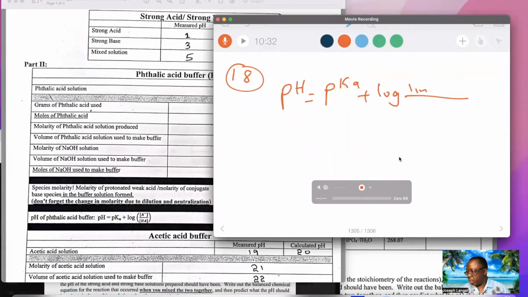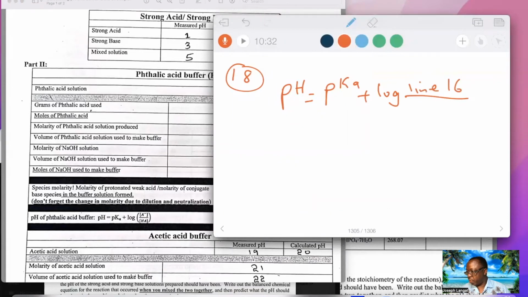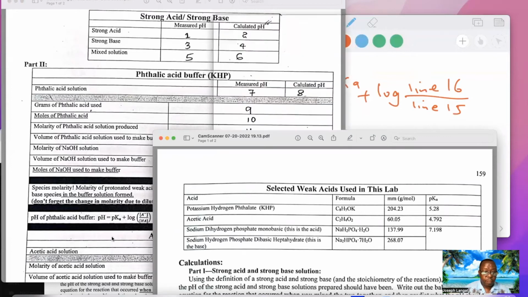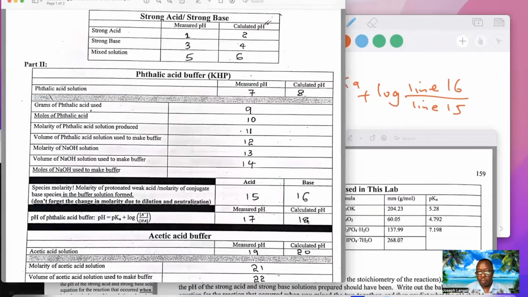Line 16 over line 15. This is the conjugate acid-base pair, all right? The pKa here is given, pKa is 5.28. This will give you the pH of the PAVA solution.